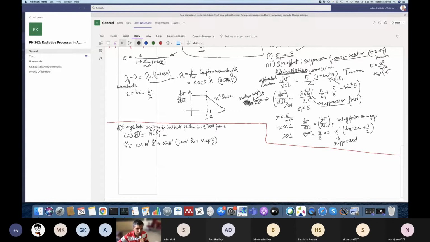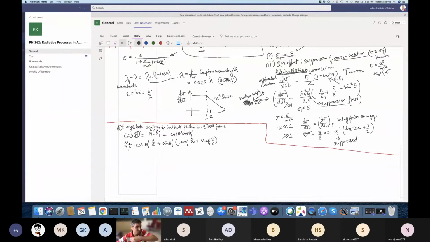So n hat prime is this, and you can just put 1 here for the same expression for the scattered one.